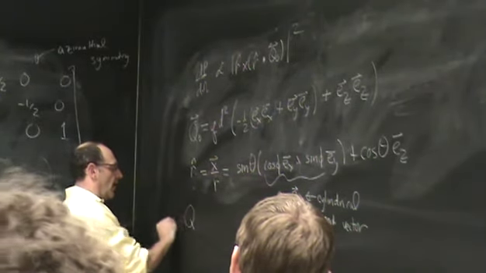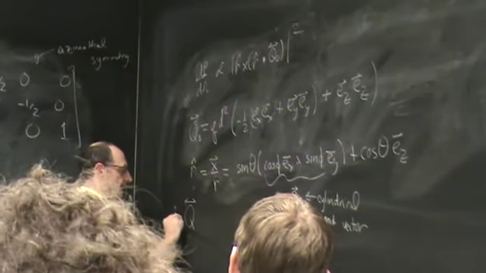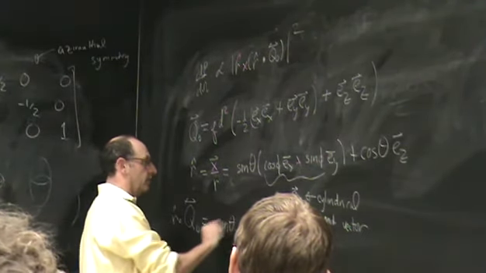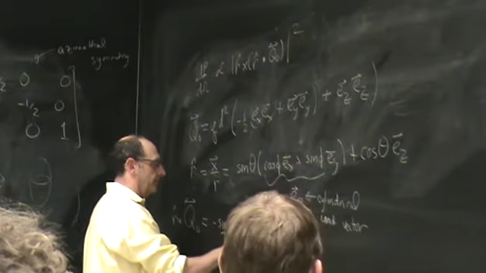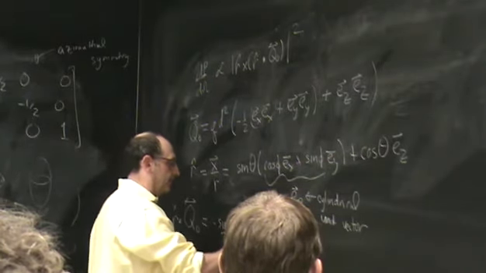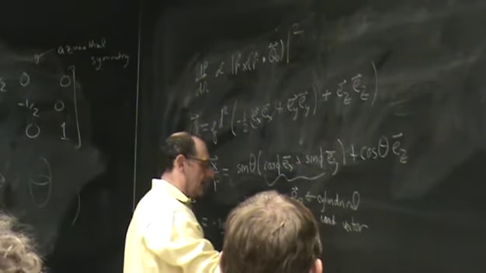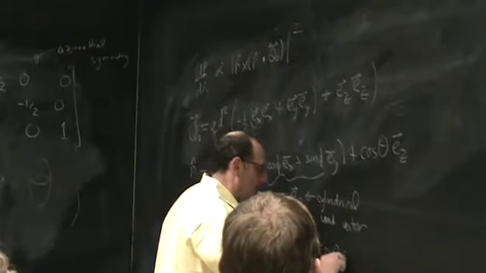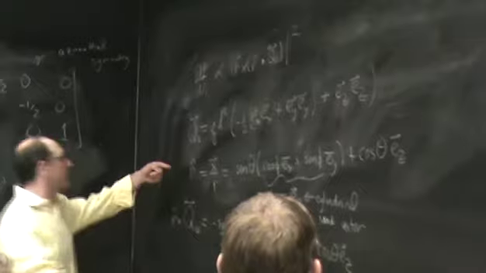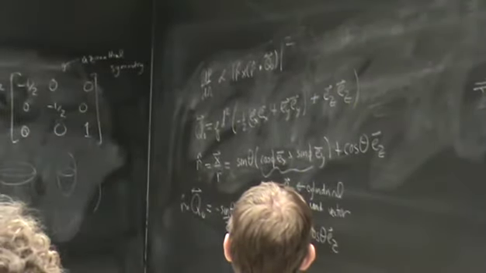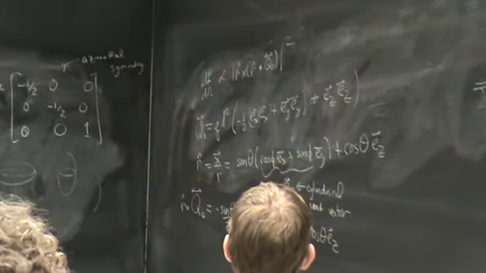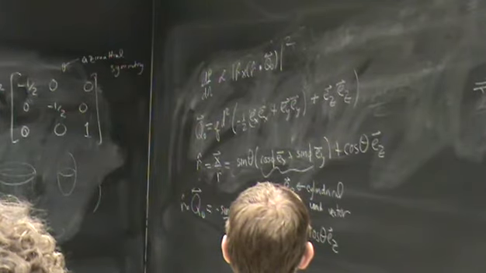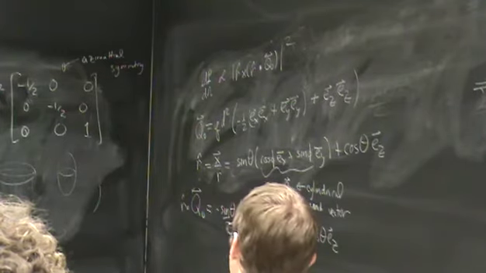So R hat dotted into Q naught is equal to minus sine theta over 2 cos phi dx plus sine phi dy plus cos theta dz. That's the dot product between this and this, with the Q out front.